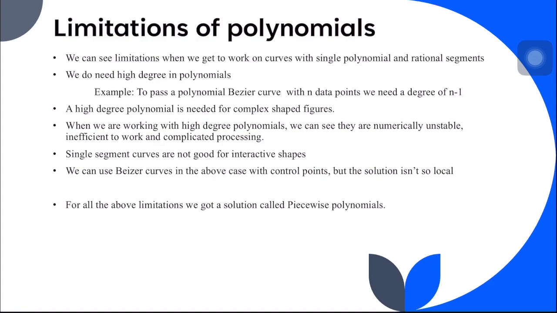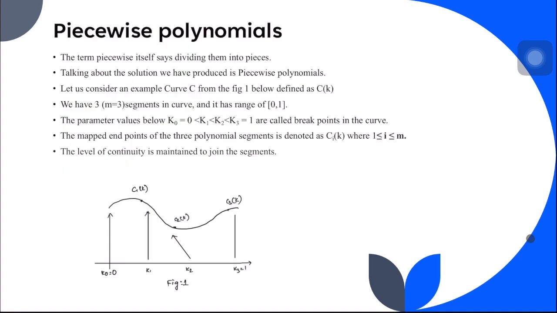High degree polynomials are numerically unstable, inefficient to work with, and complicated to process. Single segment curves are not good for interactive shapes, and when we use Bezier curves in the above cases with control points, the solution isn't local, so we can't use them all the time. For the above limitations, we got piecewise polynomials, and that is the solution we acquired.